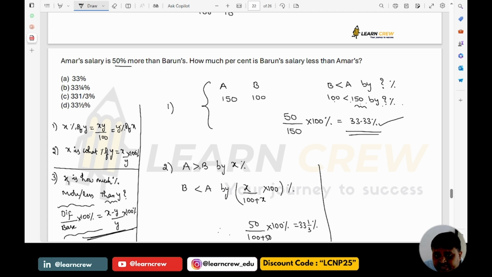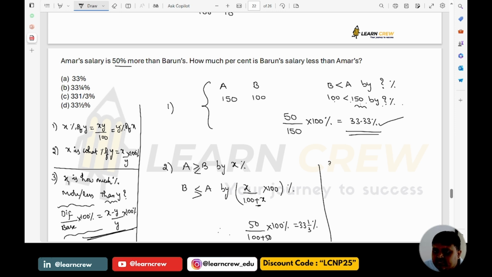Okay. So here if A is more than B, then B is less than A. In case if A is less than B, B is greater than A by how much percentage means X by 100 minus X into 100. If first value is more, you will get plus in the denominator. If first value is less, you will get minus in the denominator. In our question, first value is more, that's why I have got plus. X given as 50, 50 by 100 plus 50 into 100. This is second method.